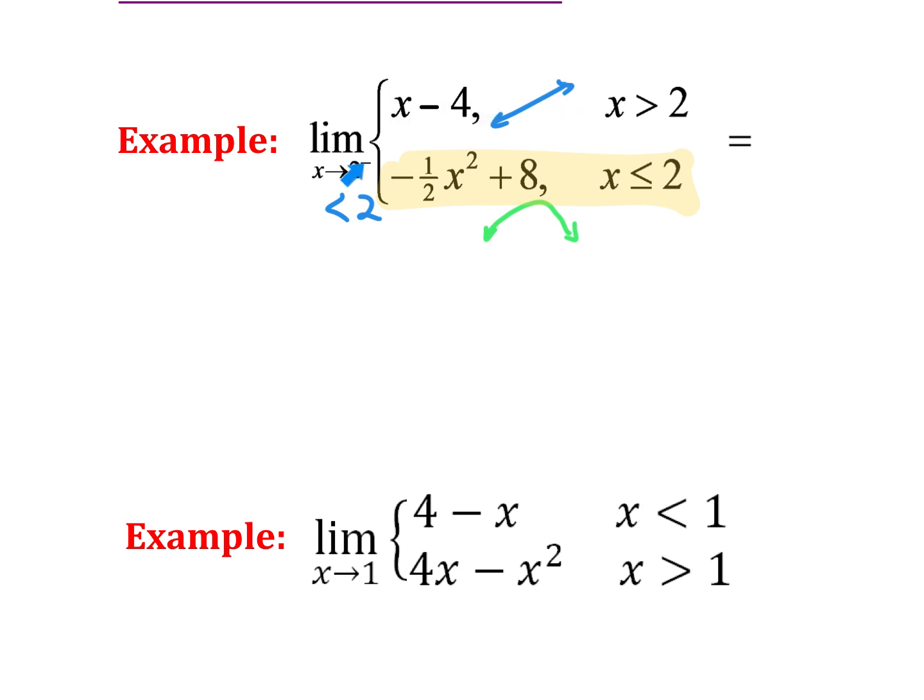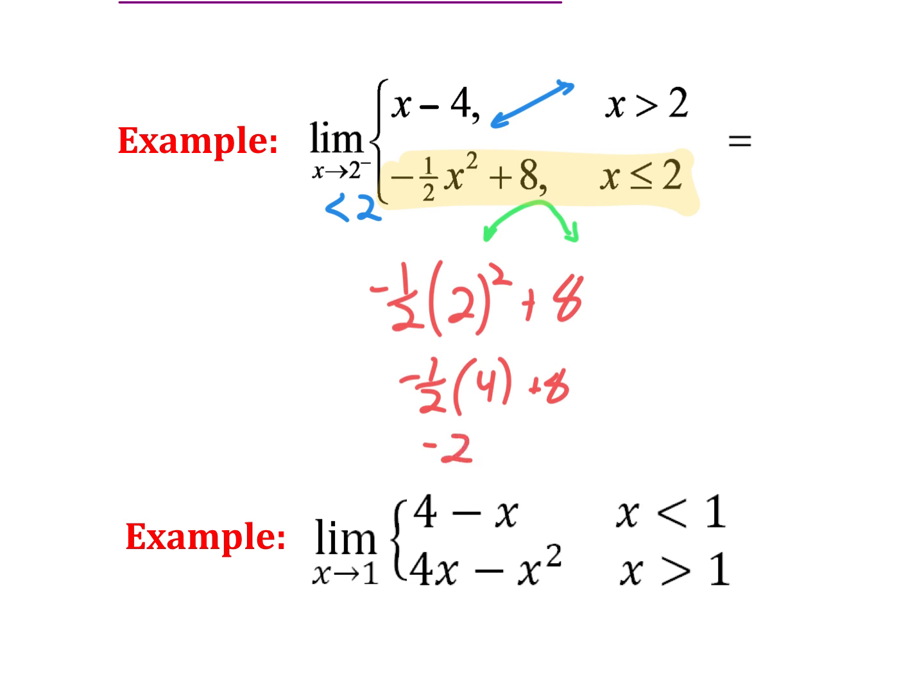If this was a 2 without any sort of left-hand or right-hand specification, we'd have to use both. So I'm going to plug in 2 for this function here. I've got negative 1/2 times 2 squared plus 8. That is negative 1/2 times 4 plus 8. That is negative 2 plus 8. That is 6.